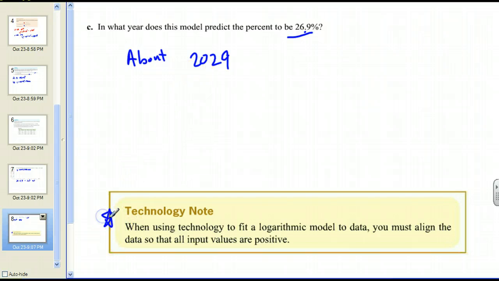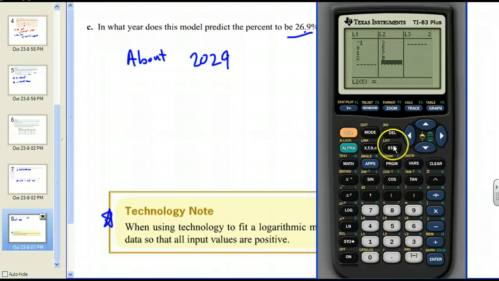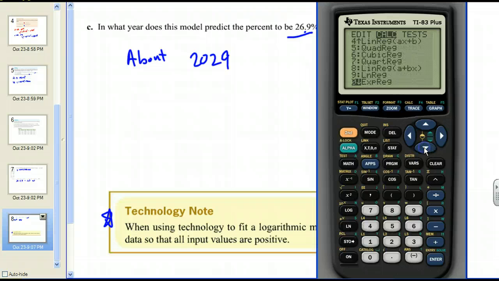Alright, and make sure you understand this. When using technology to fit a log model, you must align the data so all input values are positive. What that means is, if I'm putting the XY data sets into my calculator, notice I have a -1 and a 0 here. If I try to do LN regression, log regression, it's going to tell me you can't do this, and the problem is you've got negatives here.